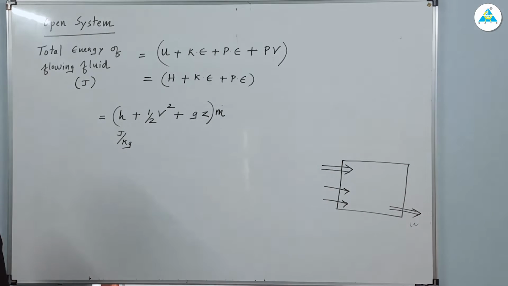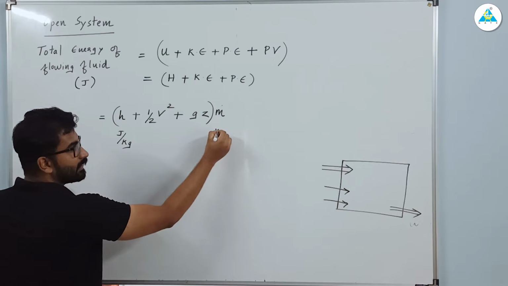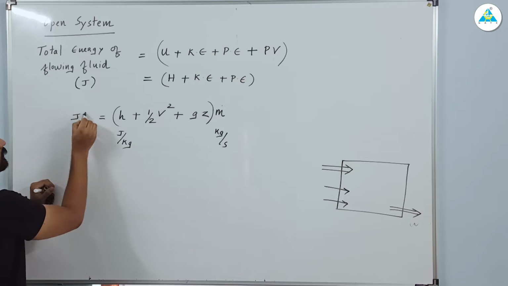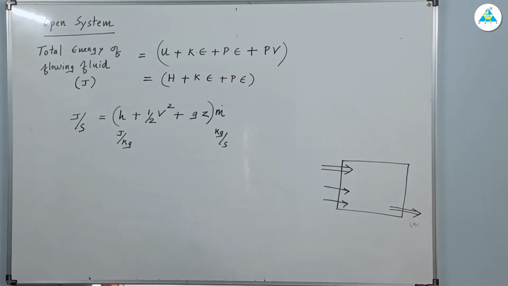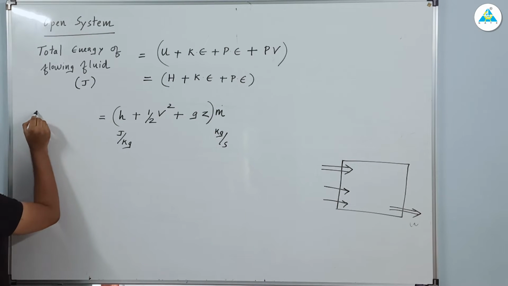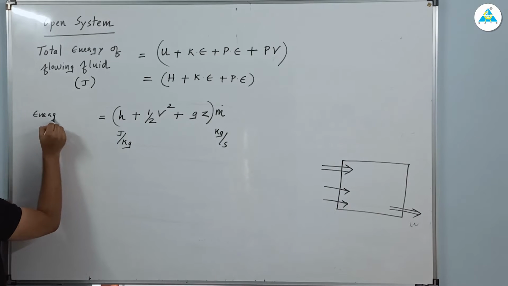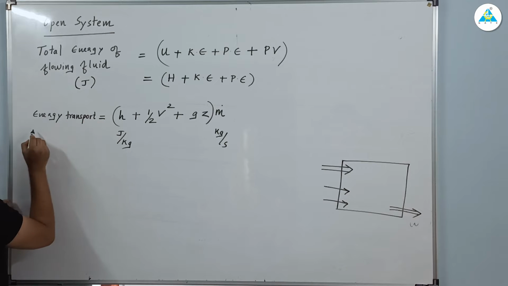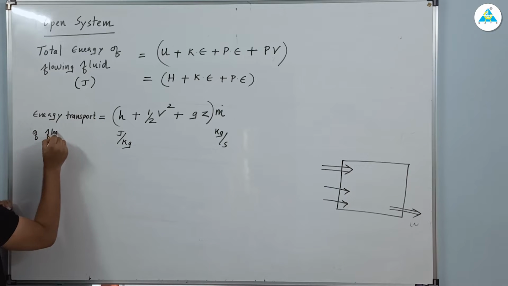So what will be the equation? Mass flow rate is in kg per second, so this is in joule per second. Clear? So I have written the total energy transport of the flowing fluid, right?